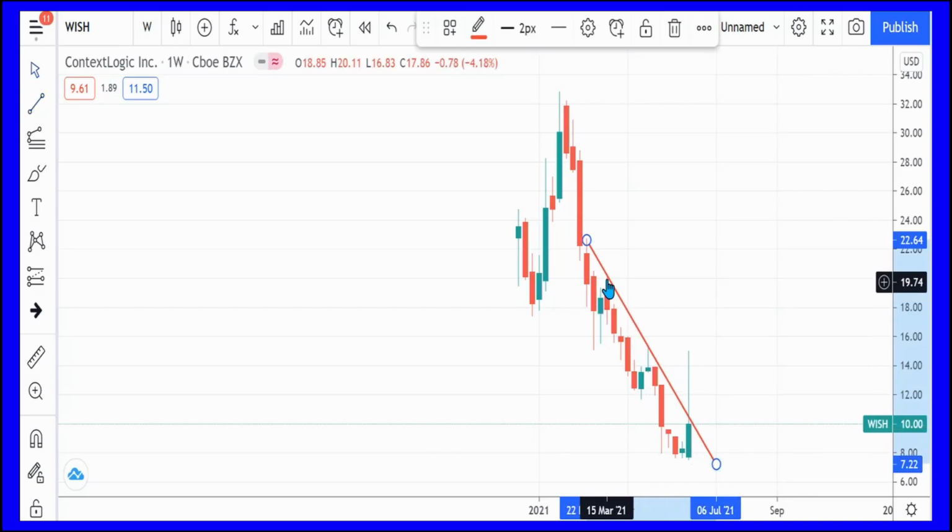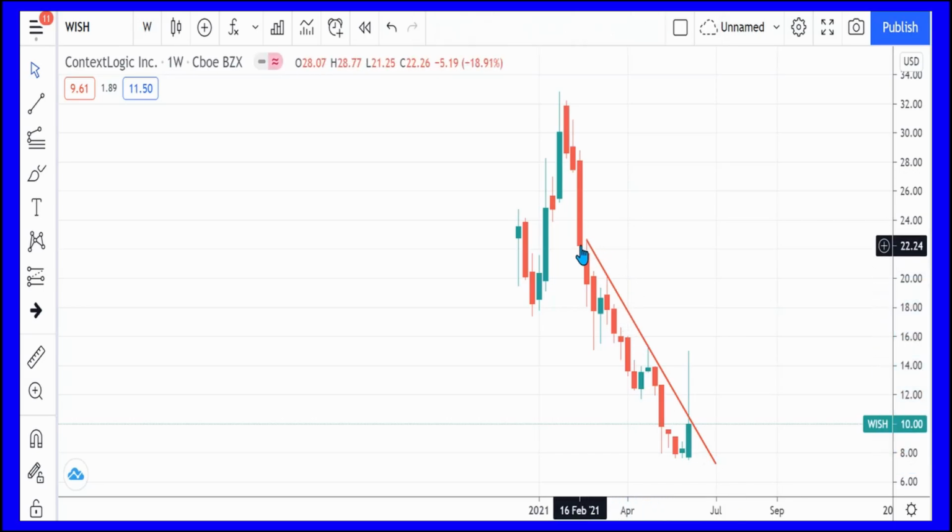I connect all the immediate high points here. So 1, 2, okay, so only two. So I try to draw a third. There's another point here, so there are 3 high points here. I connected them, and surprisingly, the closing of the candlestick here has not gone beyond that particular trend line.